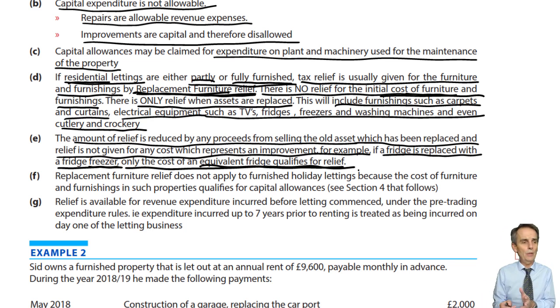But of course that 440 is to be reduced by the proceeds that you got from the sale of the old one. So the 440 less, I think it was £80 I said a moment ago, that would be 360. Okay, so that's a little tricky, that one.